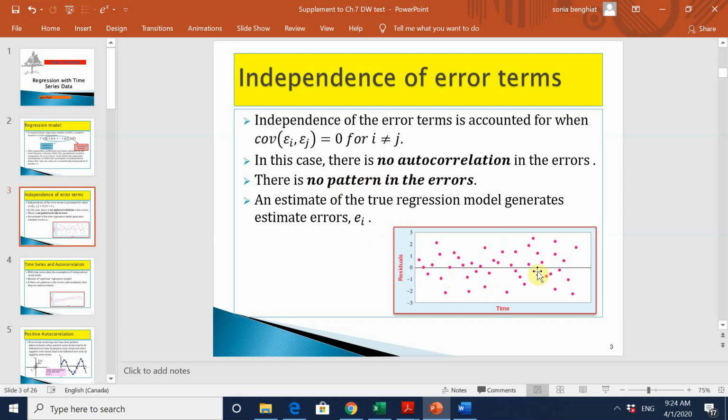Okay, so of course, when these properties are met, then the application of the least squares criterion yields meaningful statistical results. And so this means that the y values should be related to the predictors, but not to one another.